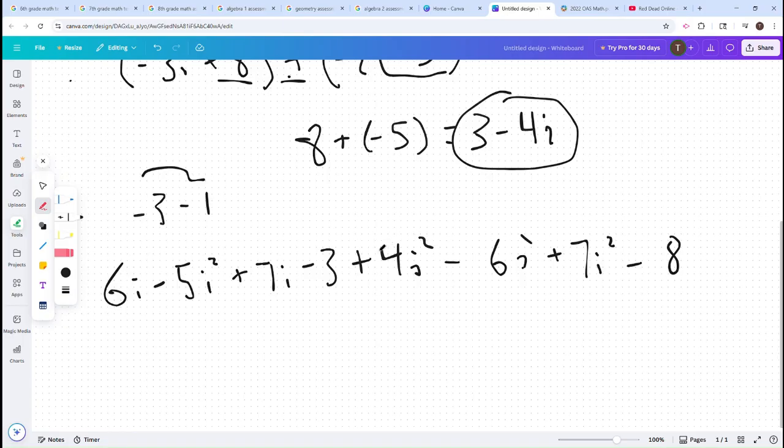All right, a lot of them here. Let's color them up and see which is which. So we have an i, we have an i, we have an i, and that's it.